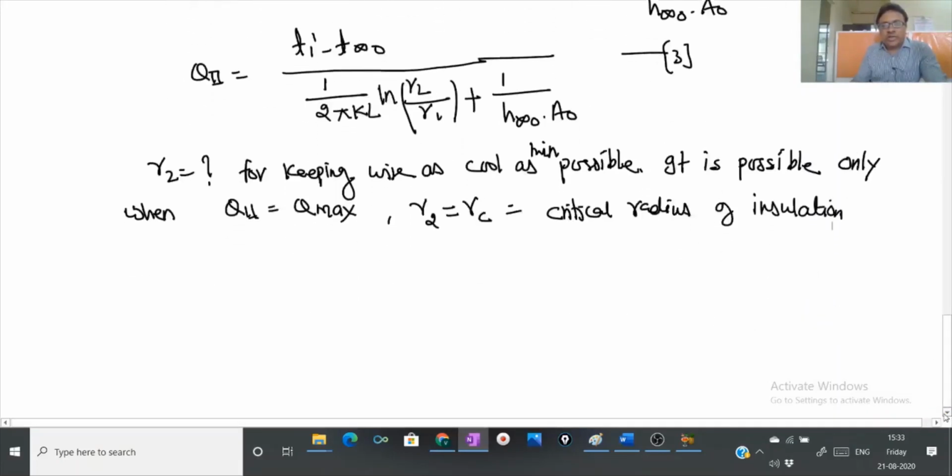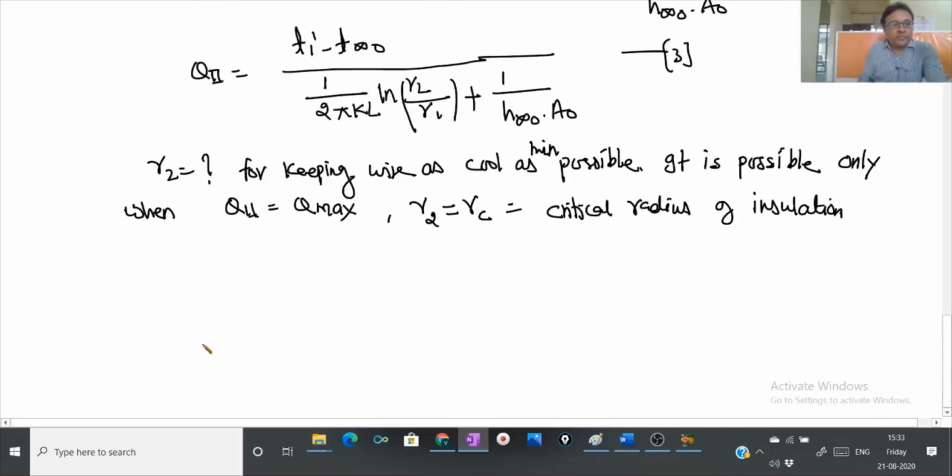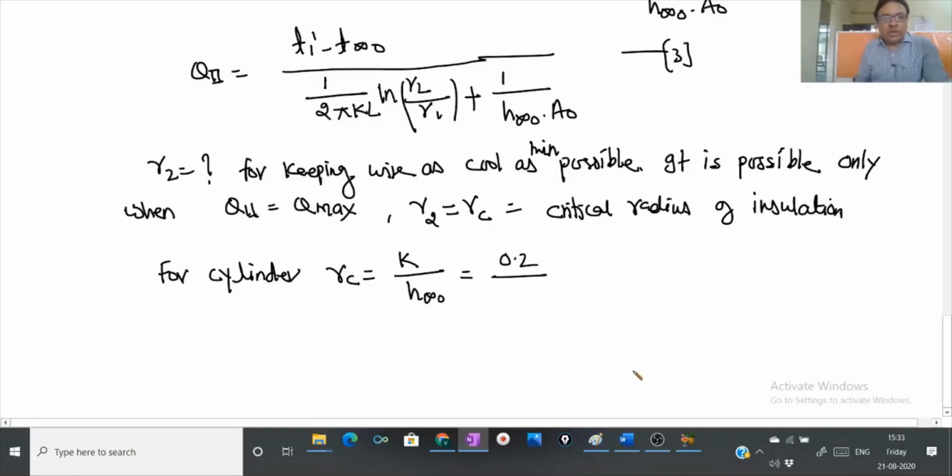So for a cylinder, because the electrical cable is of cylindrical shape, the critical radius of insulation can be calculated as K over h infinity O. The value of K is 0.2 and the value of h infinity is 2.